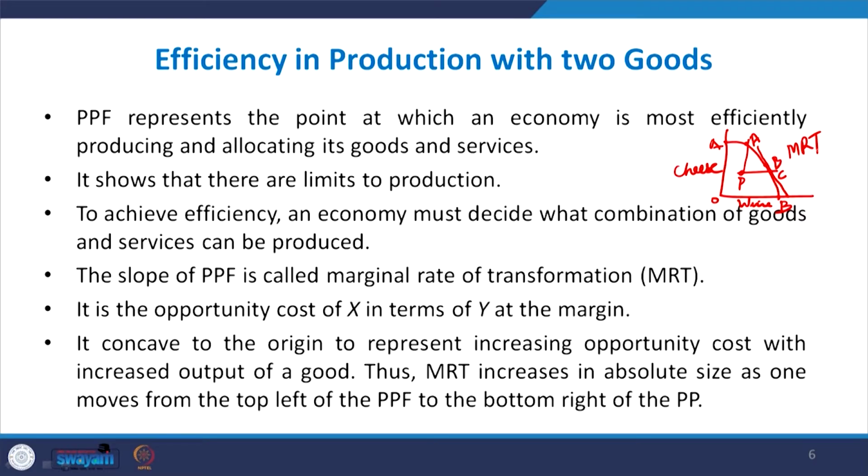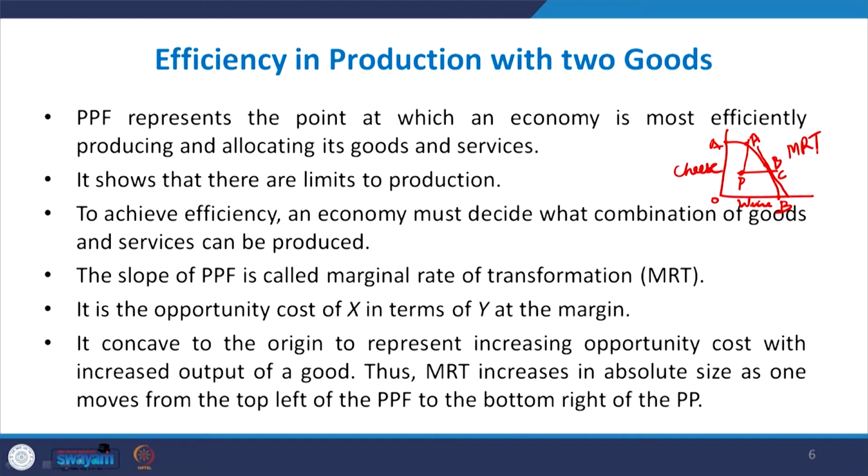To achieve efficiency, an economy must decide what combination of goods and services to be produced. For this you have to know how much is the cost of resources involved.